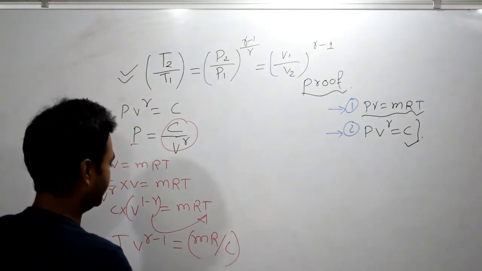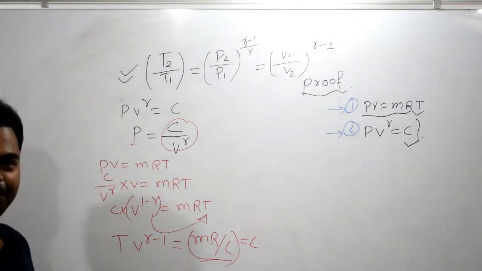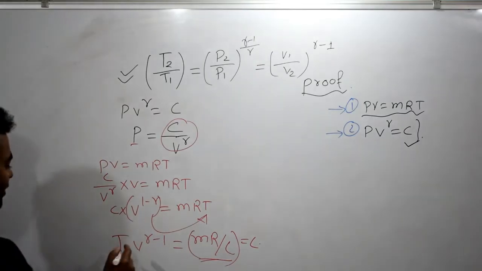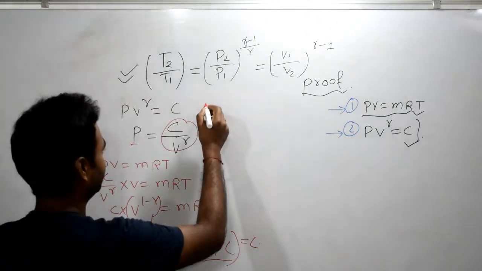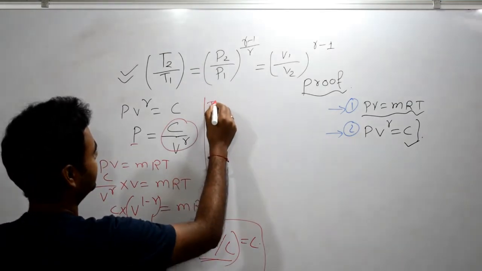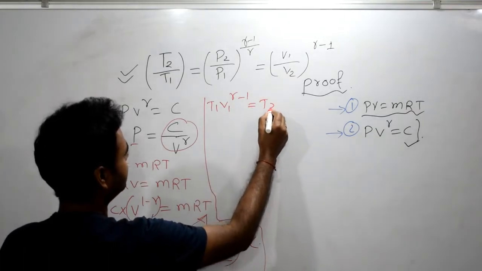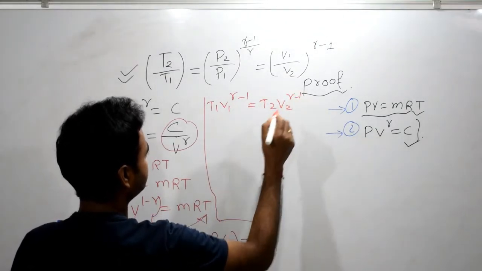Now, most important point, this whole term is constant. It is very important. Now from here we can write T1 V1^(gamma - 1) = T2 V2^(gamma - 1).